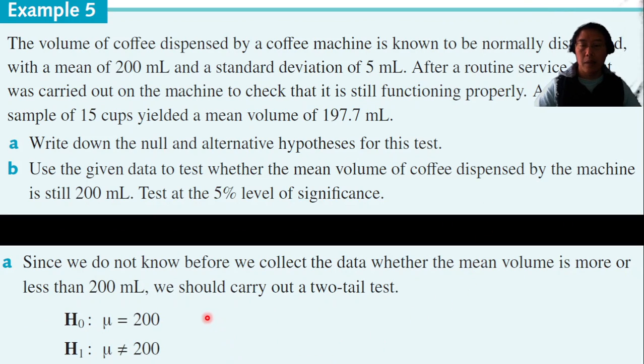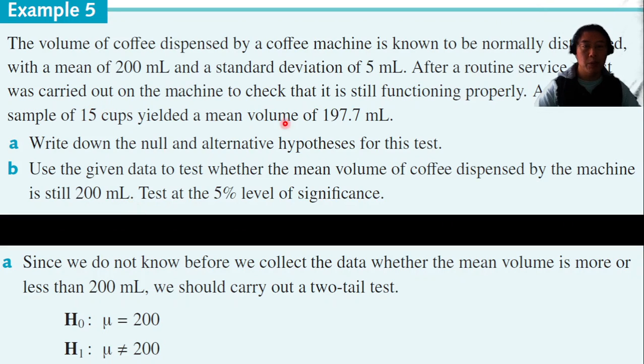With the null hypothesis, we want mu to be equal to the mean, which is 200. To make sure that it's working properly, what we're going to do is non-directional, so the alternative is different from 200. We will need to determine the p-value.